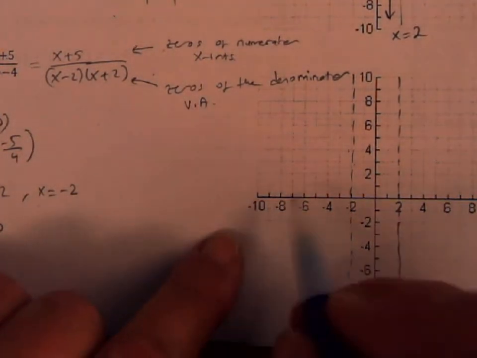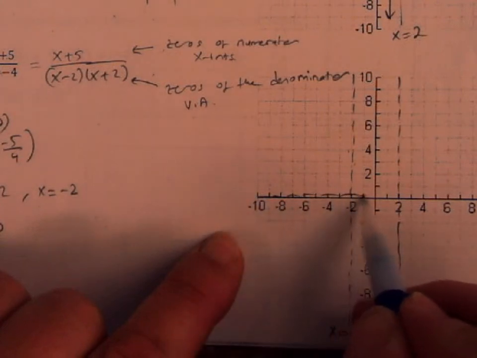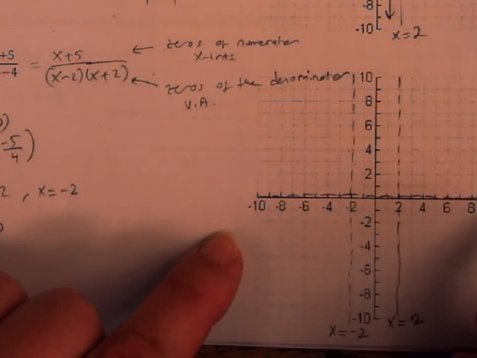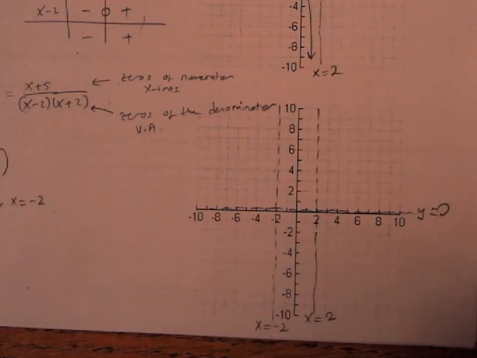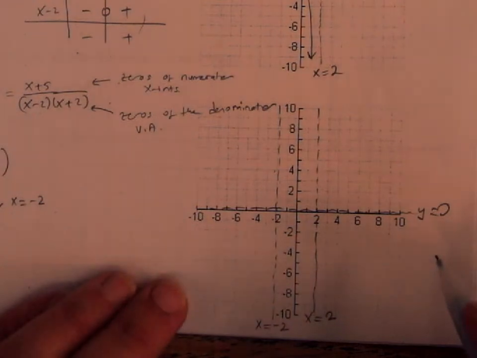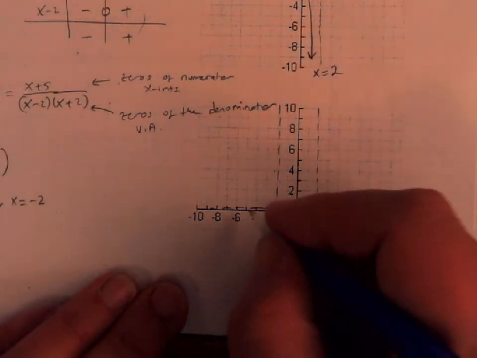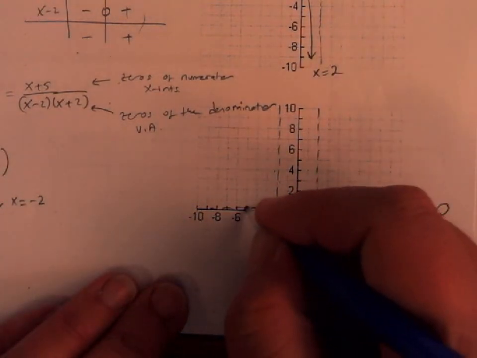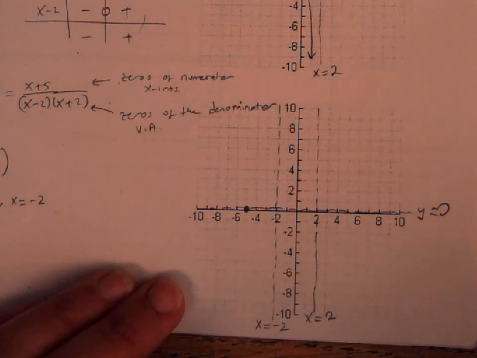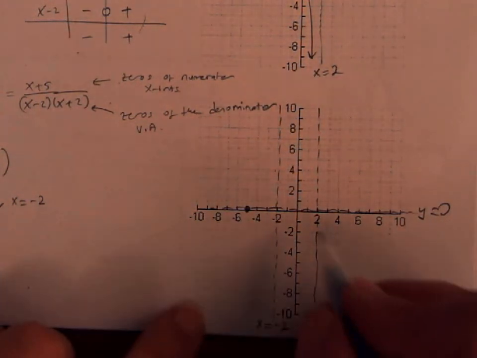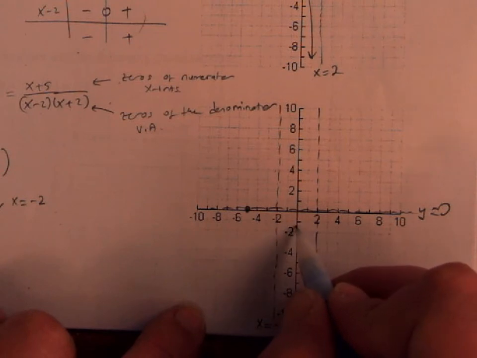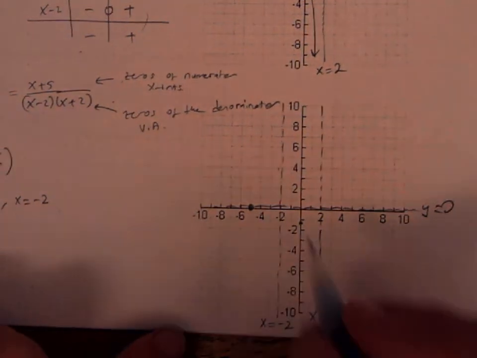We have a horizontal asymptote at y equals 0. Okay, so the x-intercept is negative 5, and we have the y-intercept negative 5 over 4, so it is negative 1.25.